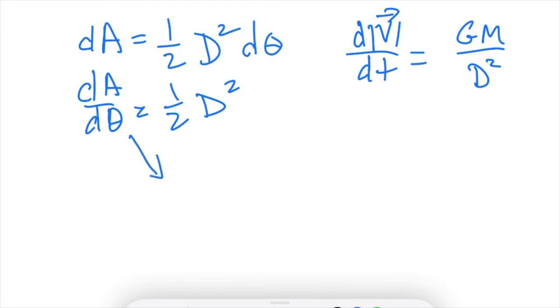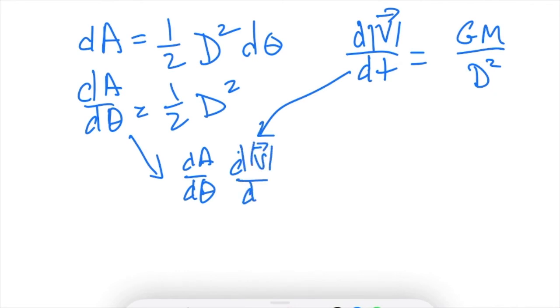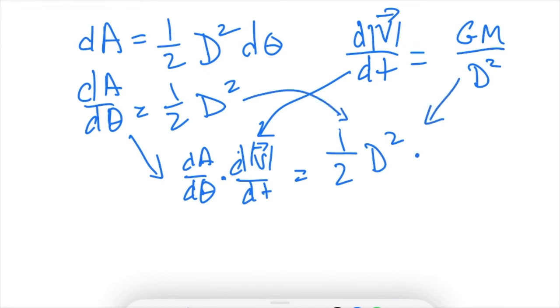So we bring this down here, dA/dθ, and this down here, dv/dt equals, now we multiply the two right-hand sides of the two equations, 1/2 d squared from here times this, GM over d squared.